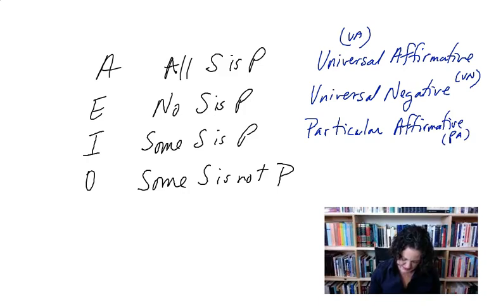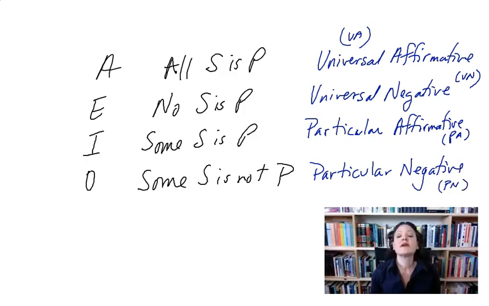And then the last O statement is a particular negative. We'll call that PN. Okay? We're going to need to use these for this whole unit, so it would be good to learn this, commit it to memory.